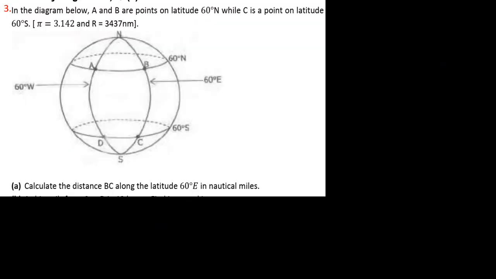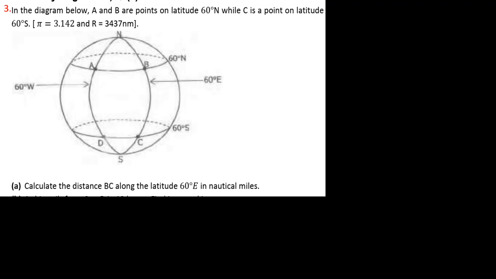Let's proceed. Okay, so the next question simply reads, in the diagram below, A and B are points on latitude 60 degrees north, while C is a point on latitude 60 degrees south. Taking pi to be 3.142 and r, which is the radius of the earth, to be 3,437 nautical miles again.